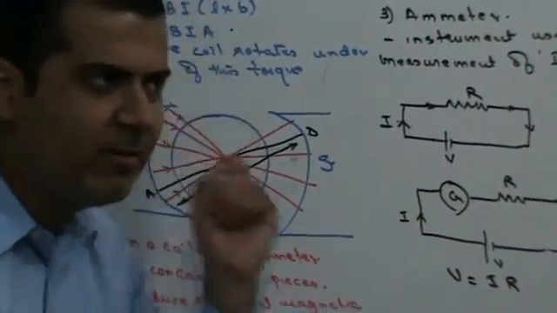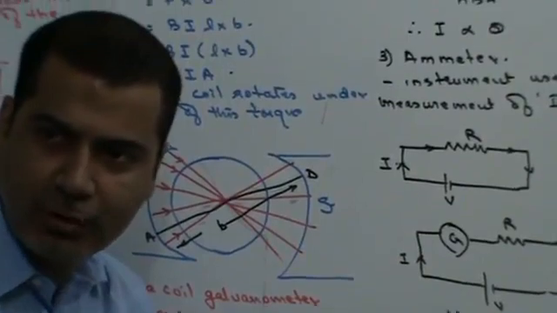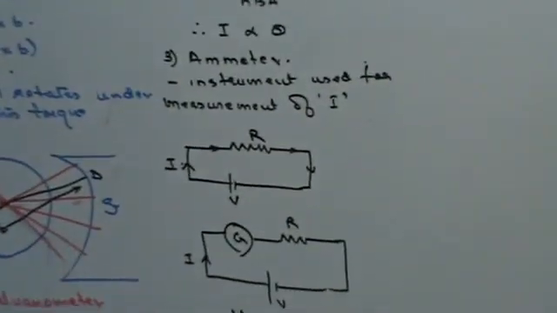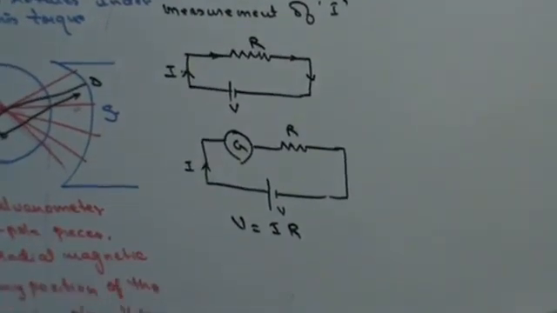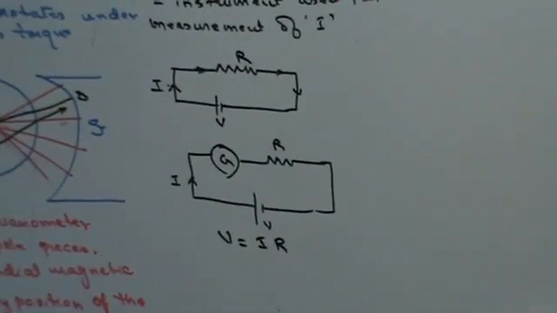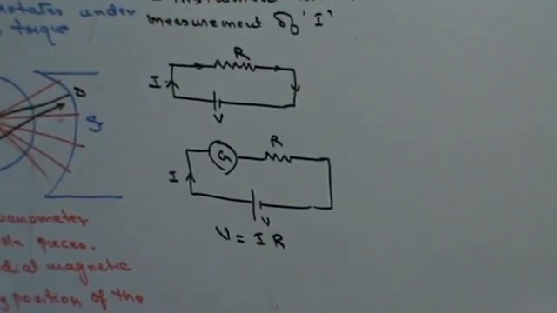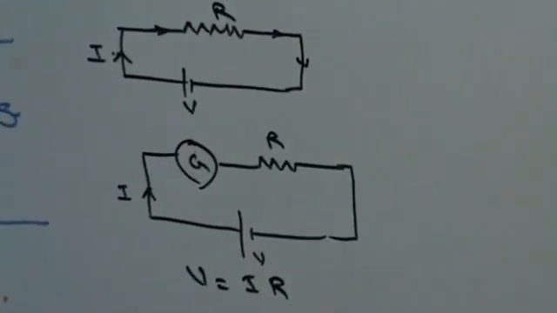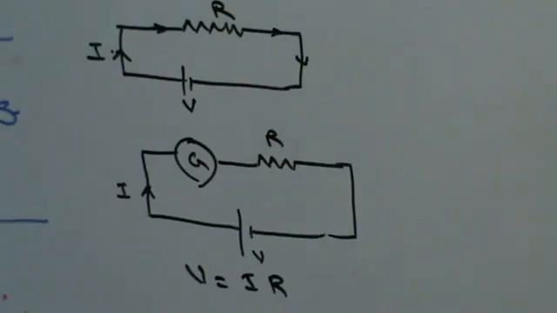And third, even for a small current, the galvanometer should give me a proper deflection, right? In order to fulfill all these conditions, what should I do so that a galvanometer can act as an ammeter? You should connect a resistance of very large value in parallel with the galvanometer.